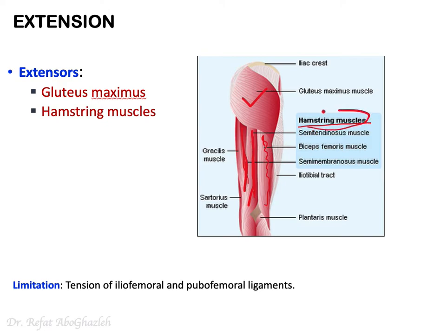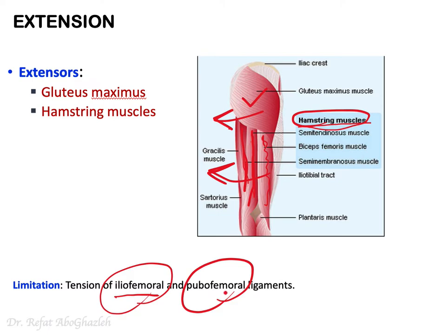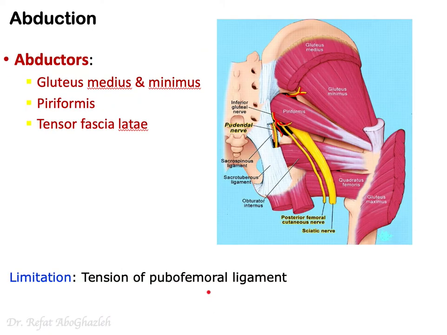When these hamstring muscles contract, they will pull the thigh posteriorly, and this is called extension, right? So these are mainly extensor muscles. The limitation of the extension would come from the ligaments located most superiorly and anteriorly, the iliofemoral and the pubofemoral ligament. If you go back to the slide of the ligaments of the hip joint, you will understand what I mean.